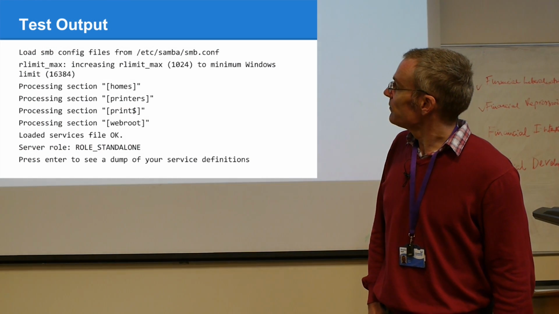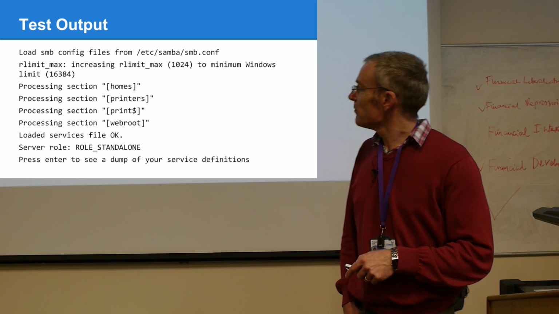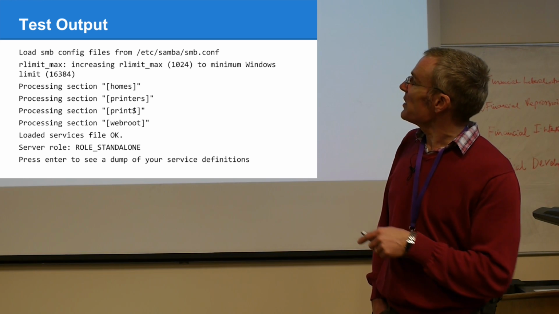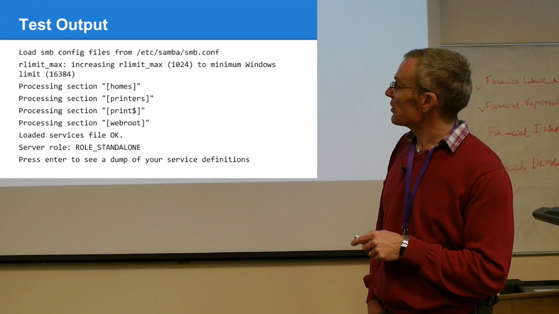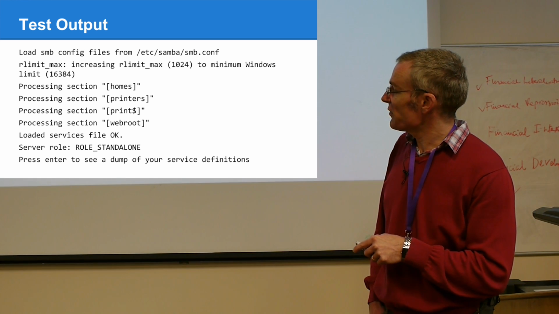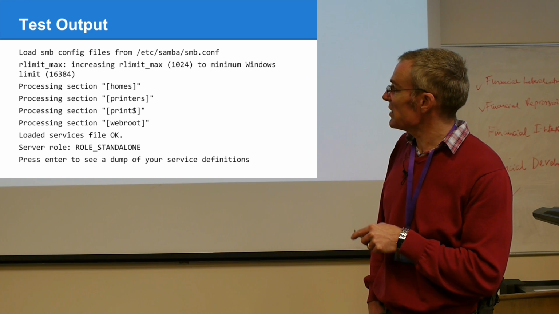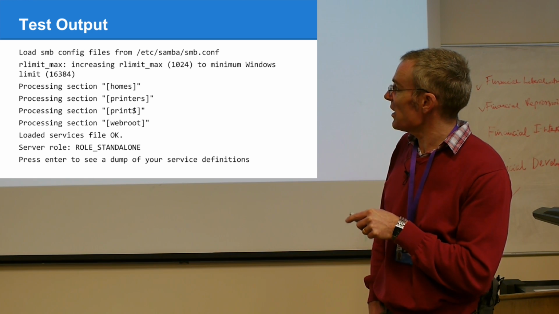Basically, this is what testparm looks like, just to give you an idea. And you can see it's going through each of the different drives. Look, so we've got a potential print service. There's my printers configured. There's my home folders.